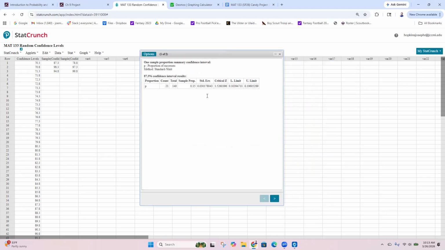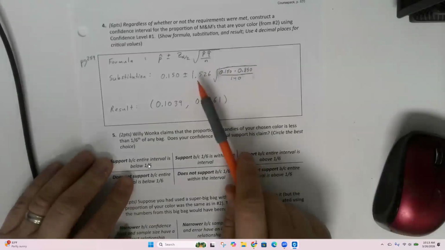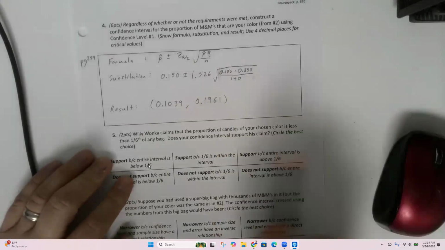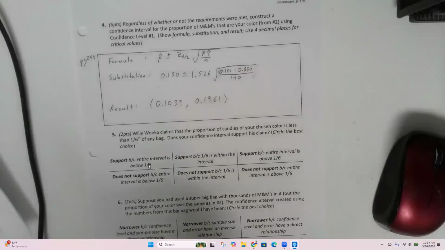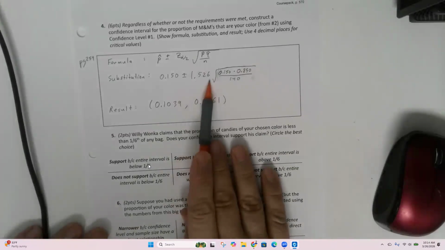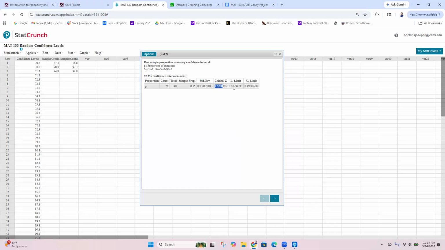So my critical value is right here, 1.526. That is the number I calculated in the calculator earlier. So you didn't have to do the calculator if you want to do this instead. If you want to do the Stat, Proportion Stats, One Sample with Summary, it'll give it to you. Okay. And then my result is right here.